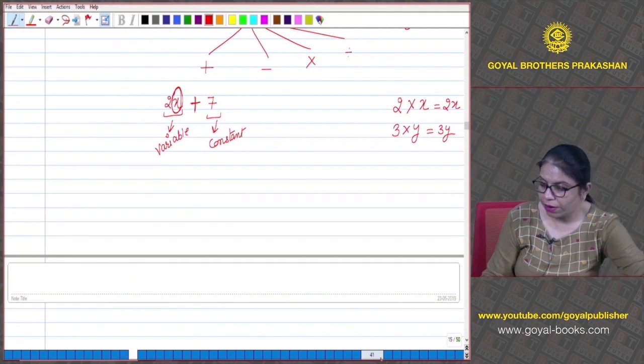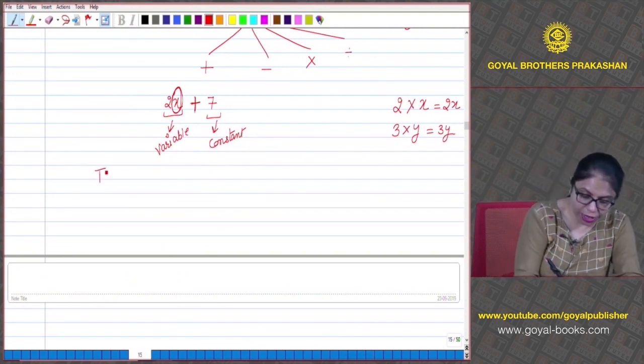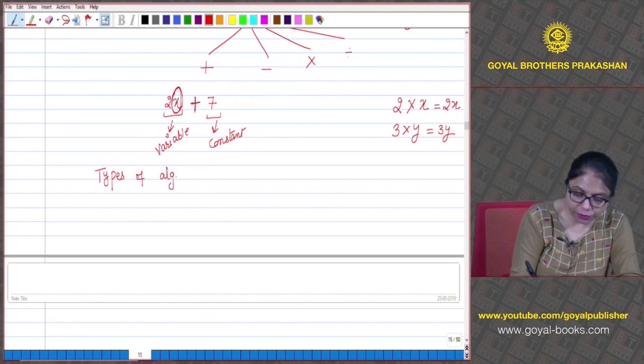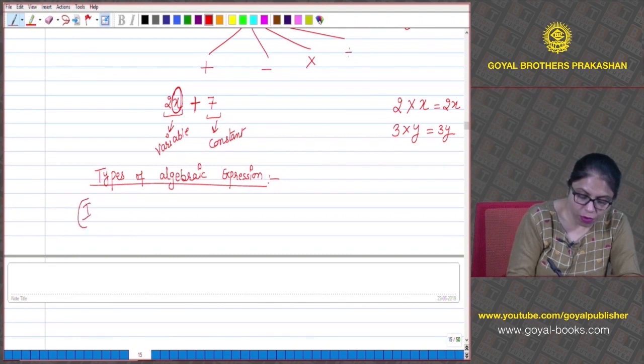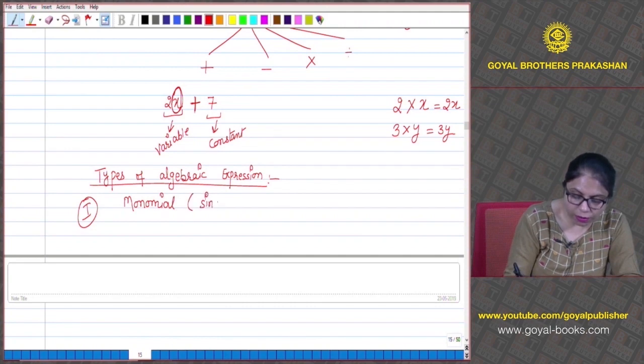Now we will find types of algebraic expression. We will discuss about the types. So first type is monomial. First type is what? Monomial. Monomial means single term. Monomial means what?